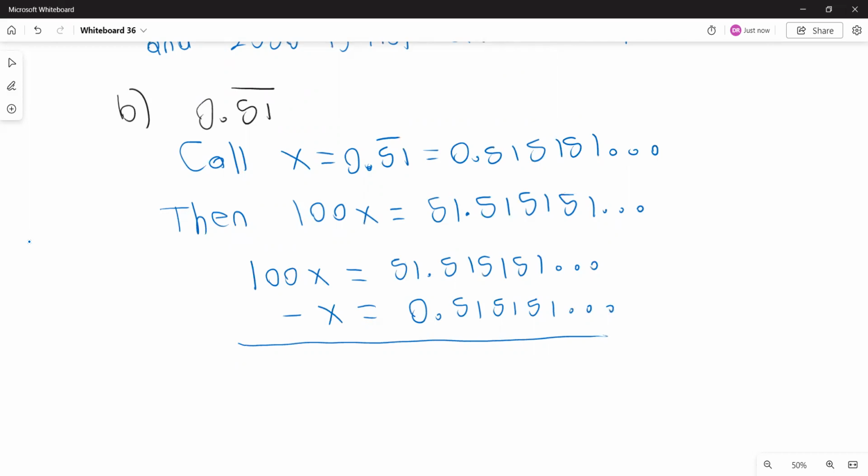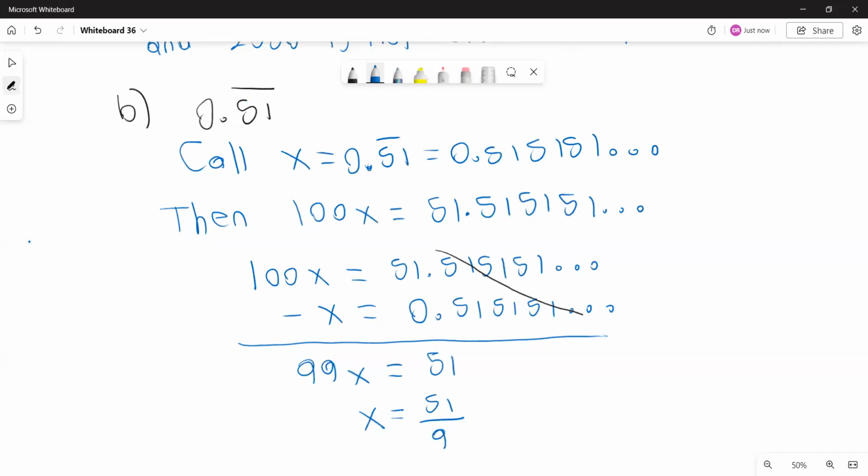So 100x minus x is going to be 99x. And whenever we subtract 51.515151 and so on minus 0 point, a sequence of 51s, the decimal part cancels out, and 99x equals 51. And at the end, x is 51 over 99.